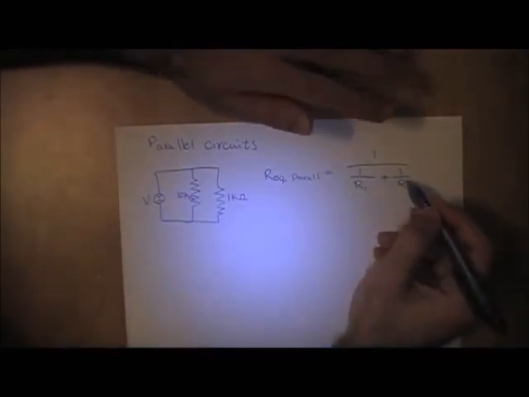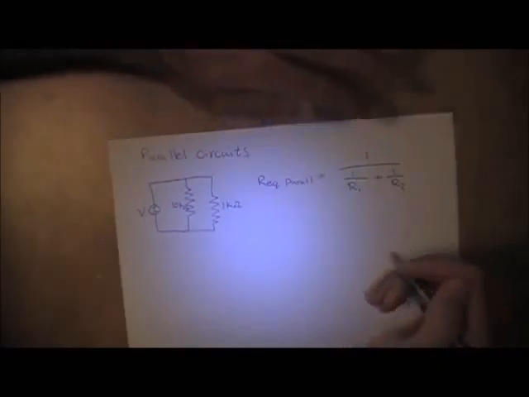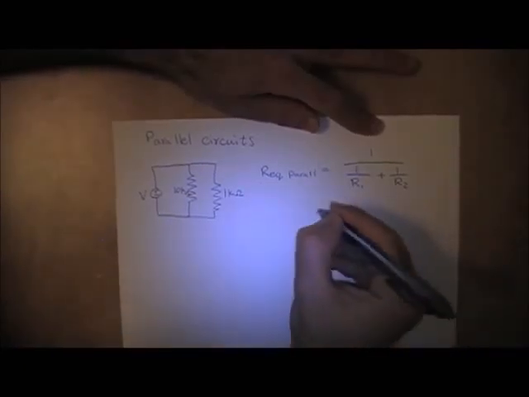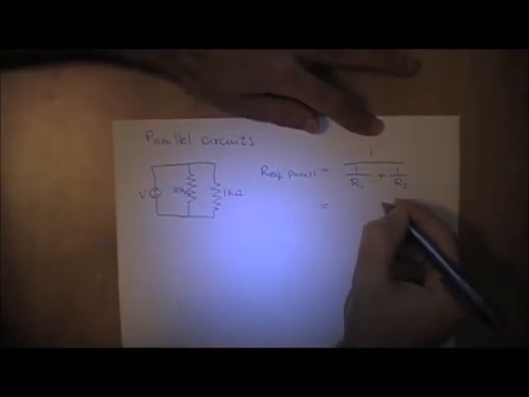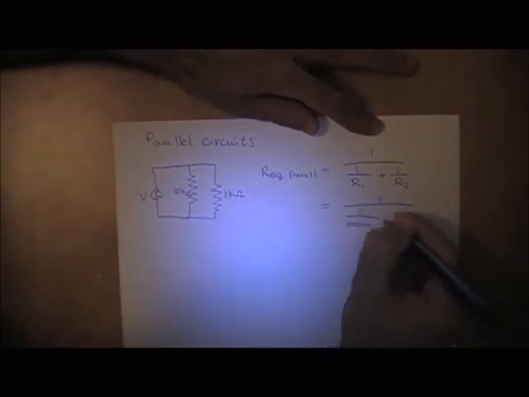So you're basically taking the inverse of each resistor and then inverting that entire number. So let's see what the equivalent resistance of this one is. Let's start adding it. So 1 over 10,000 plus 1 over 1,000.